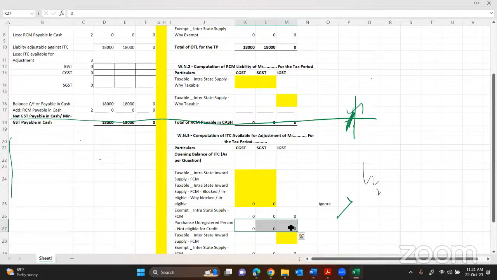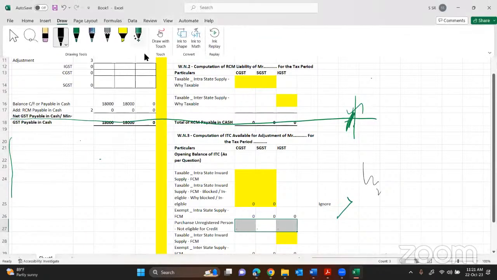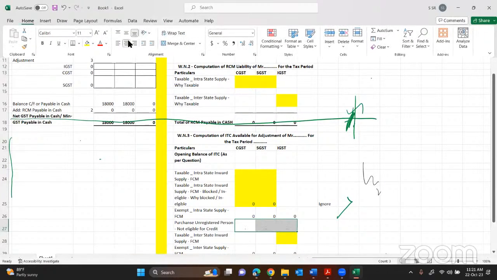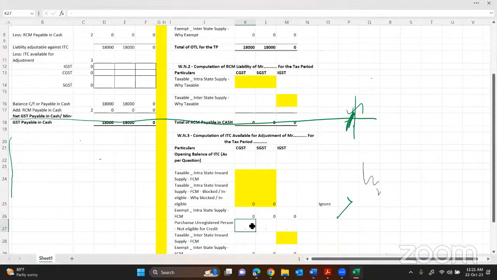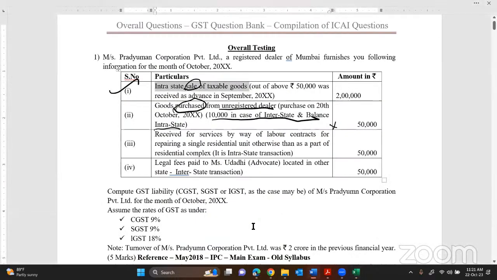Or I can even mention dash dash dash. Next. So we have covered point number 2.